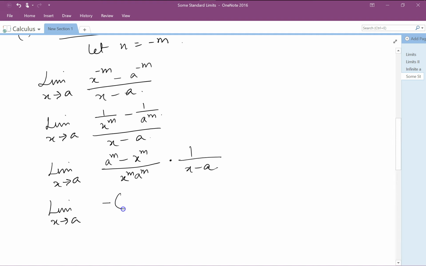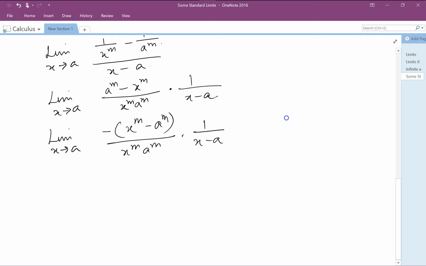Let's take the minus outside. Minus (x to the power of m minus a to the power of m). If you again remove the bracket, x to the power of m will become negative and this will become positive. So we get x to the power of m, a to the power of m, by x minus a.